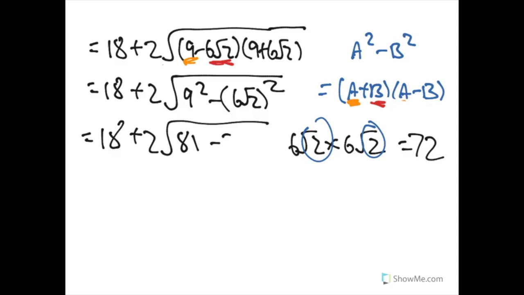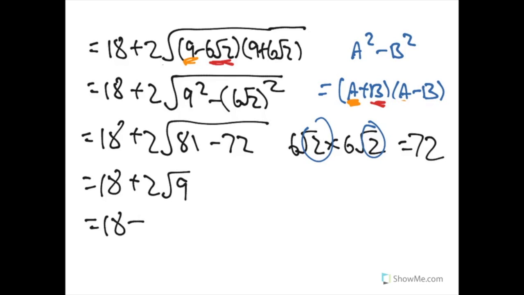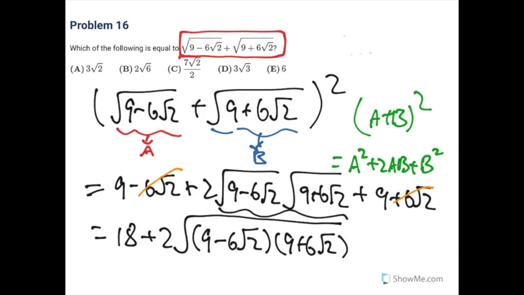That is 18 plus 2 root 9, or 18 plus 2 times 3, which is 24. So now going back, we see that 24 is equal to the square of the answer that we want. And so the answer to this question must then be square root 24.